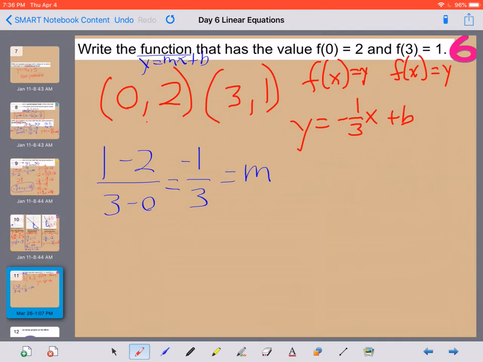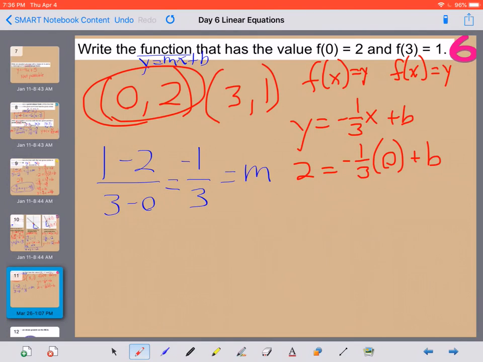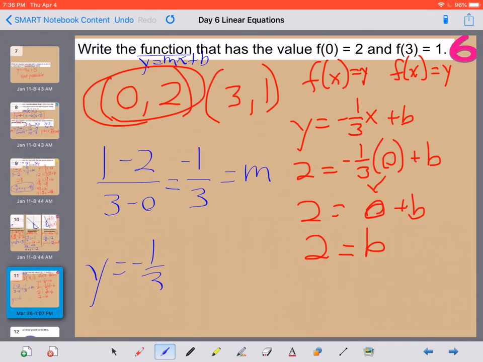So I'm going to take one of my points, 0, 2. So we'll have 2 equals negative 1 over 3 times 0 plus b. Negative 1 over 3 times 0 is 0. So basically what this is saying is that 2 equals b. So our new equation will be y equals negative 1/3 x plus 2.